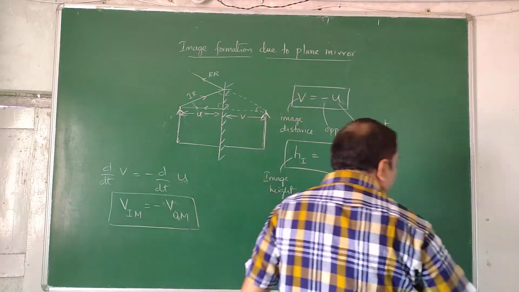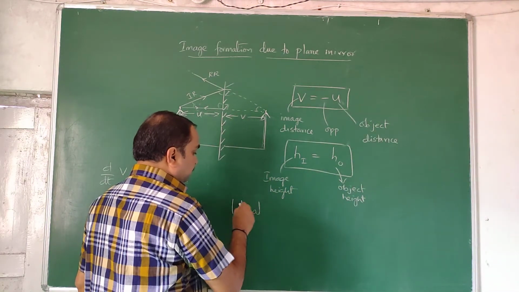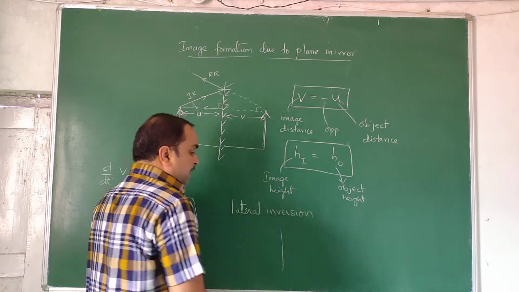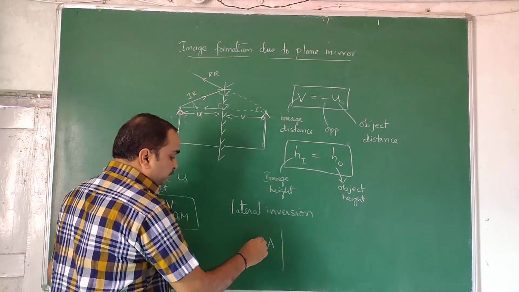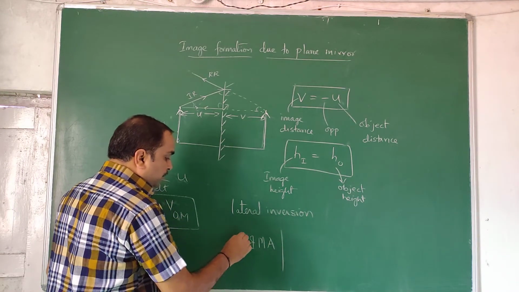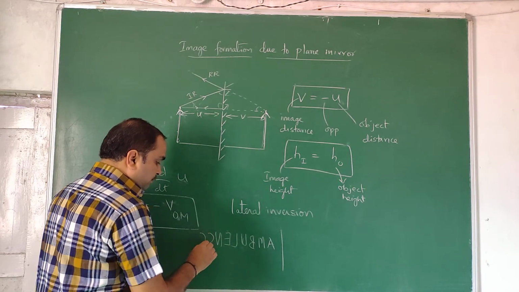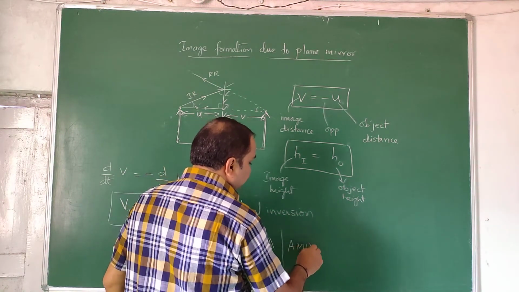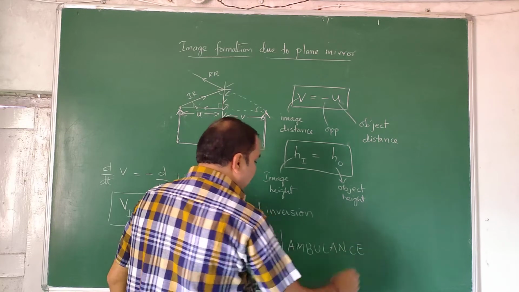Concept of lateral inversion. If you have a mirror like this, if you write some word called ambulance, then in the mirror other side you will see it like that.